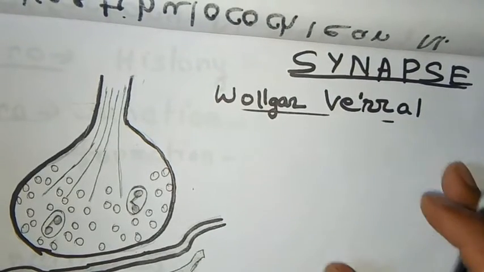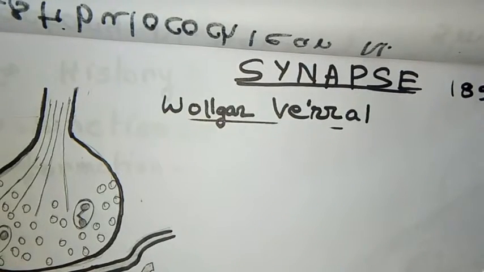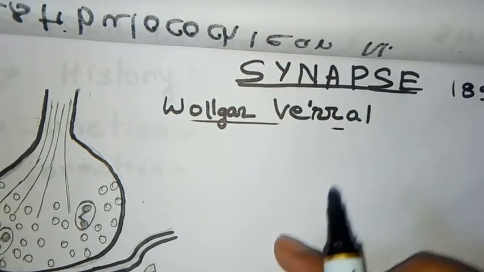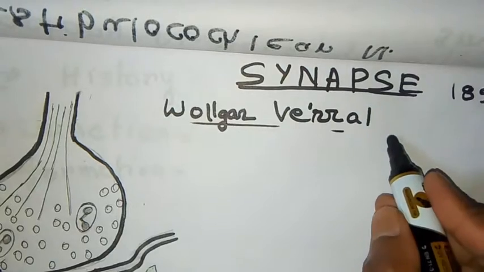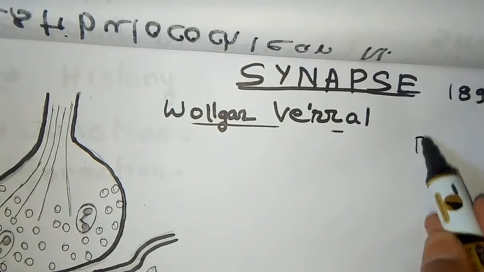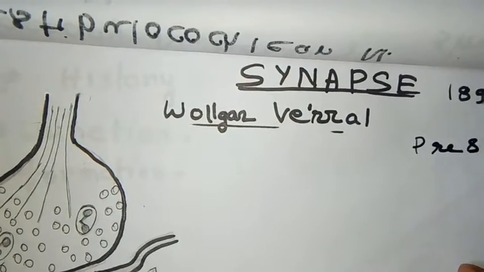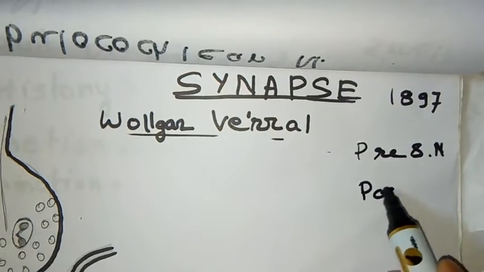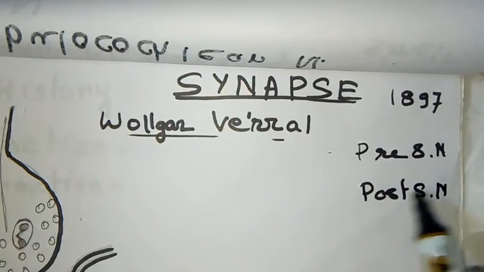The space between the presynaptic neuron and the postsynaptic neuron is called the synapse.